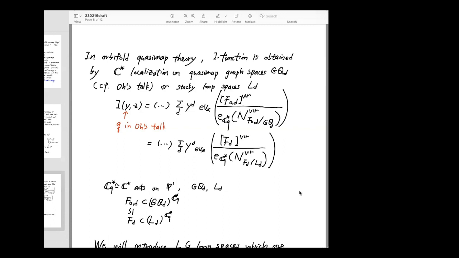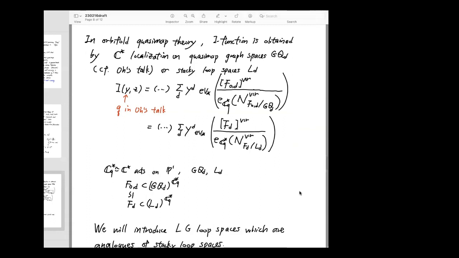For the stacky one, there's a fixed locus FD which is isomorphic to F0D, and if we use the stacky loop space to do this localization, we will get the same result. This is because these two spaces are the same along FD.